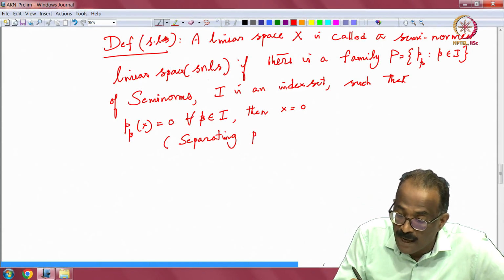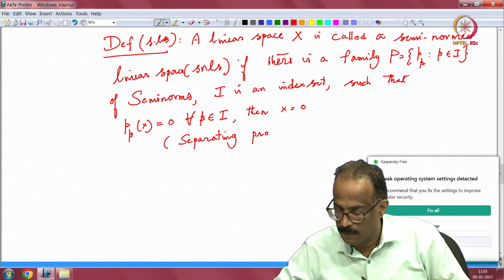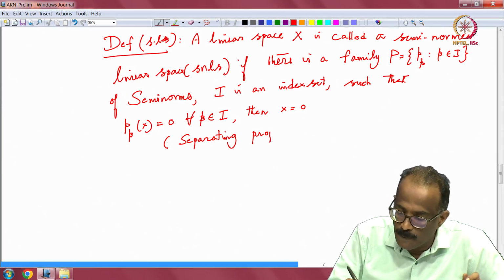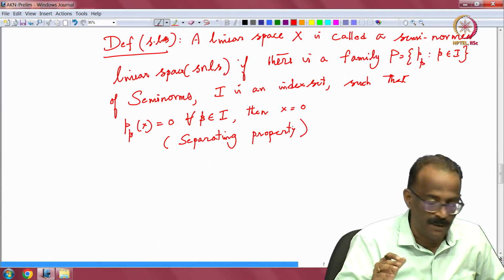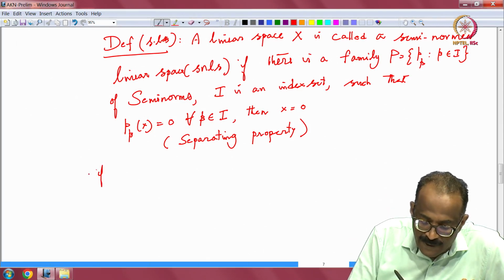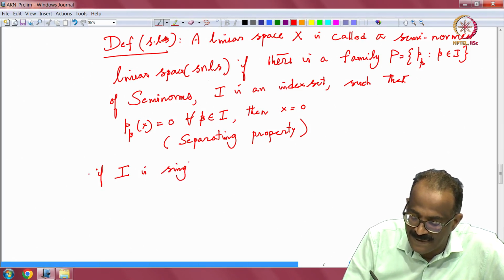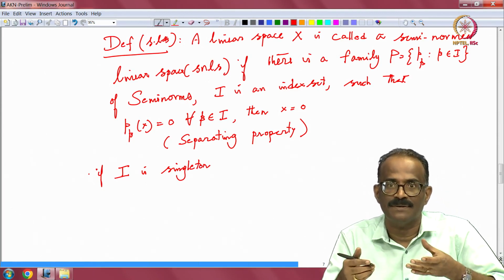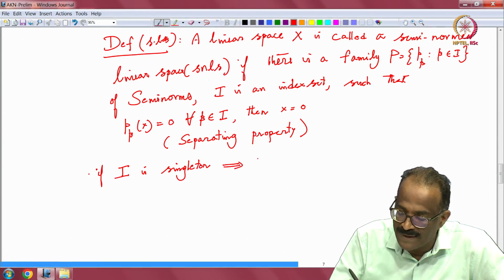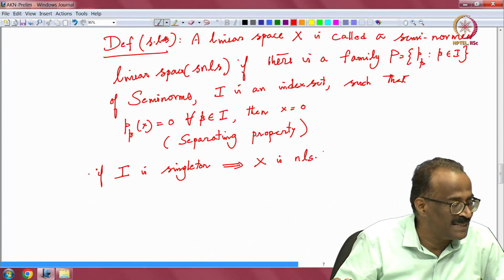So, a family of seminorms with the separating property, if you can produce that, then X is called a seminormed linear space. Indeed, if I is singleton, then there is only one element and the separating property is that p(x) equal to 0 implies x equal to 0, that makes X a normed linear space. You get that immediately.